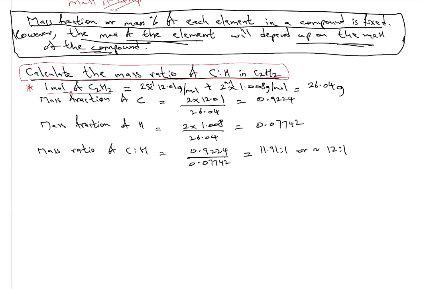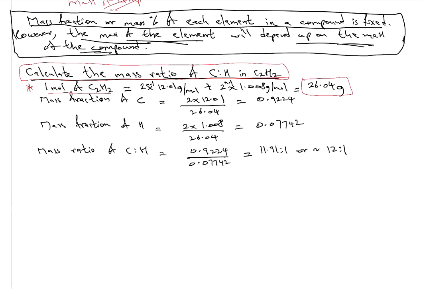So here there are 2 moles of carbon atoms, so 2 into each mole of carbon, which is 12.01 grams. You can refer to the periodic table and see the atomic mass of carbon. Plus 2 moles of hydrogen, and each mole of hydrogen weighs 1.008 grams.